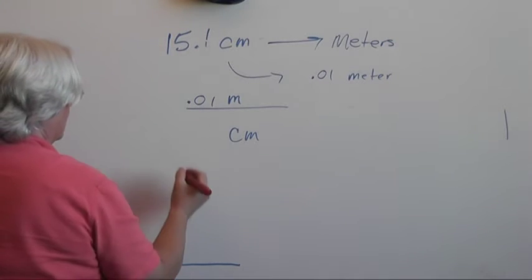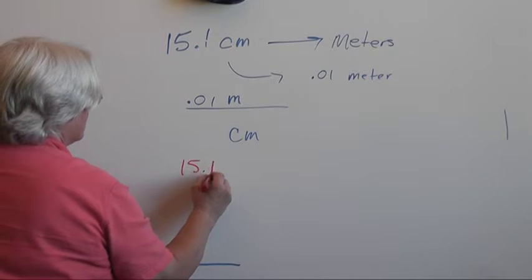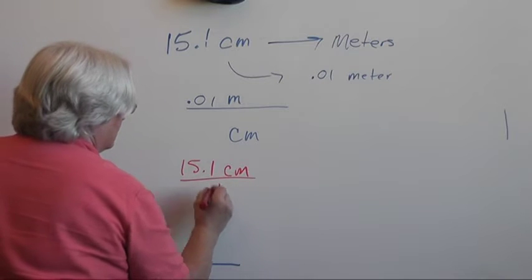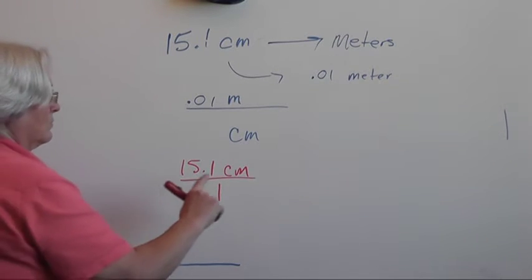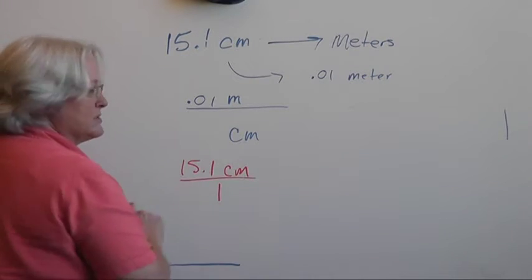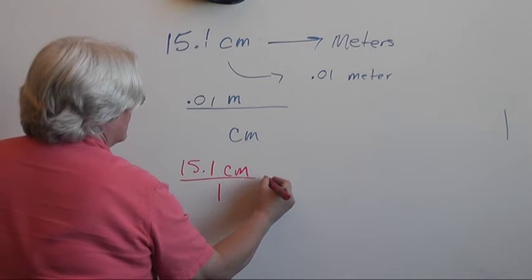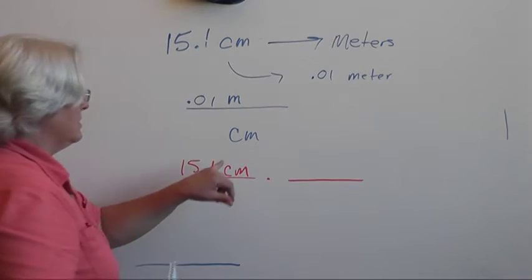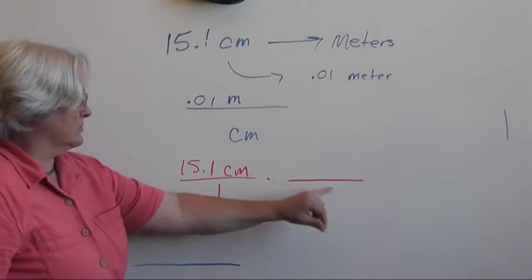So what we're going to do here is change our initial measurement into the form where it looks like a fraction. And then we don't want centimeters anymore, do we? Because we want to express this in terms of meters. So just like you can cancel common factors, you cancel common units.